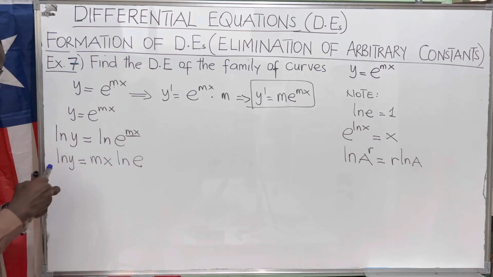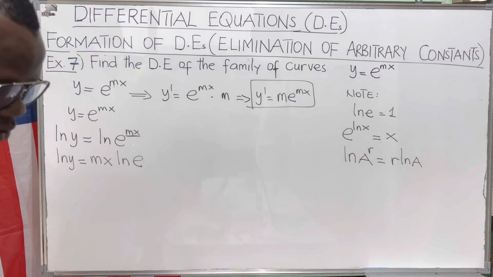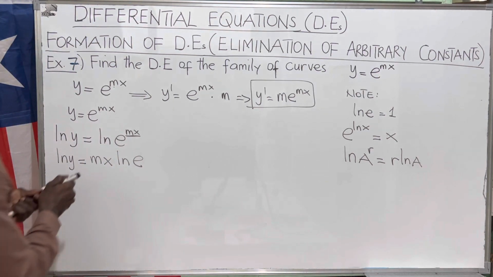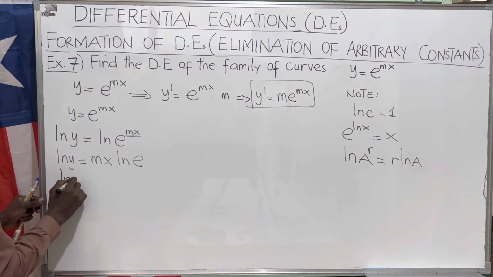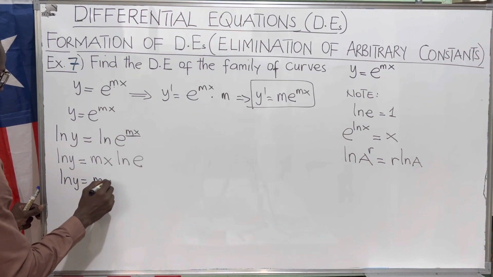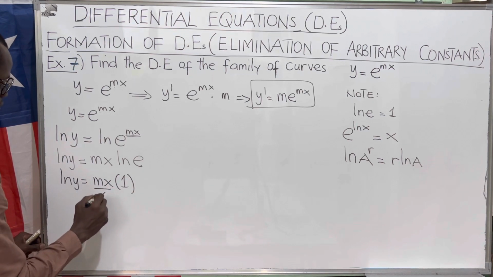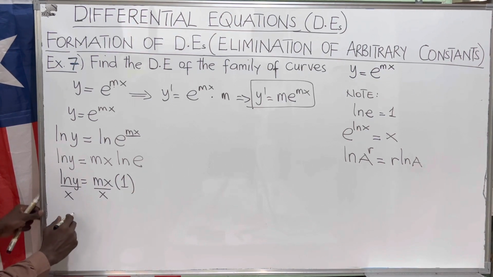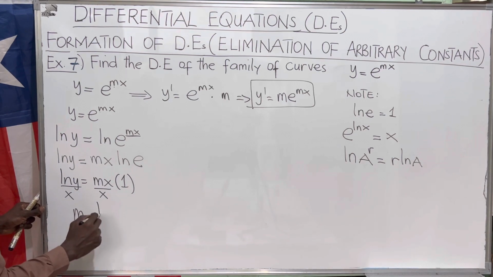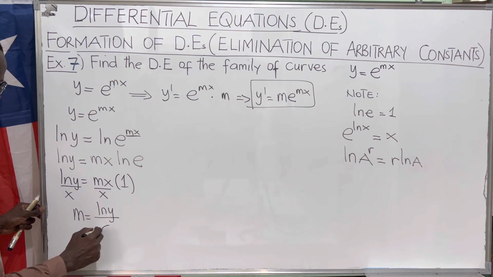So what is ln of e? ln of e is just 1. So it's ln of y equals mx times 1. So we can now divide both sides by x. So m now will be equal to ln of y all over x.